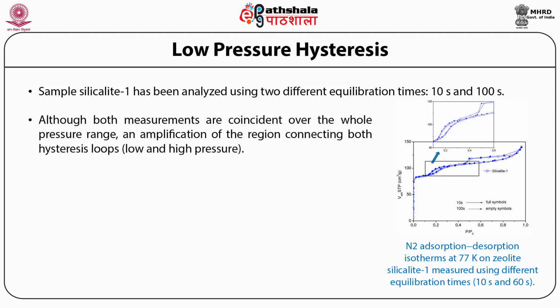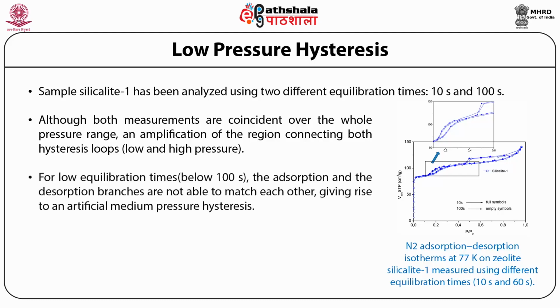An amplification of the region connecting both hysteresis loops, the low and the high pressure region. For low equilibrium times, that is below 100 seconds, the adsorption and the desorption branches are not able to match each other, giving rise to an artificial medium pressure hysteresis.